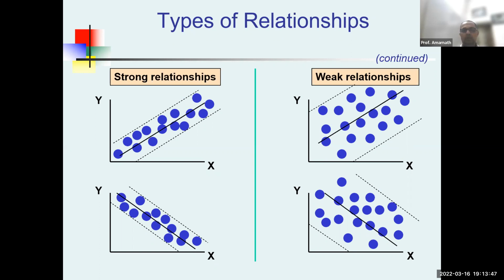Strong means that around the line of best fit, the dark line there, all the points center around it. The best example is that as human beings, we live on Earth. It has a gravitational force. Everybody is drawn towards that gravity here. So when we go to the moon, it is like a weak relationship. We try to float.